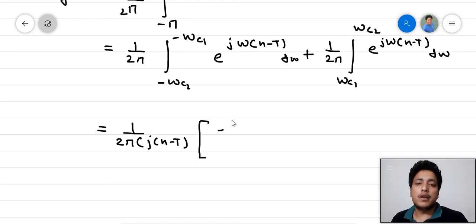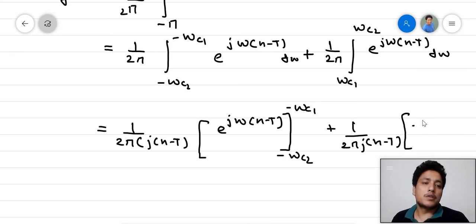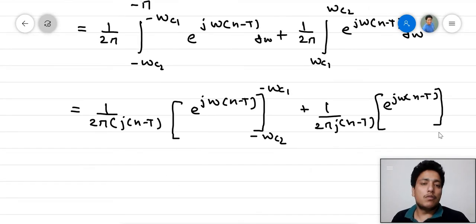Then it will be exponential j omega (n minus tau) evaluated from minus omega c2 to minus omega c1, plus 1 by 2 pi j (n minus tau) exponential j omega (n minus tau) evaluated from omega c1 to omega c2.